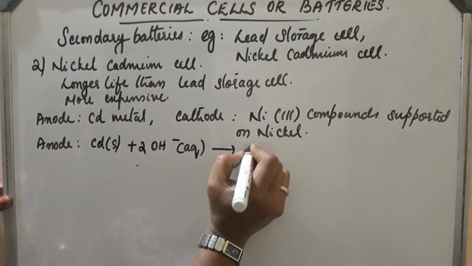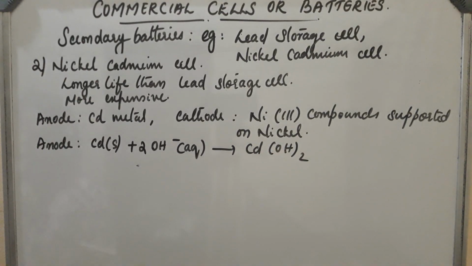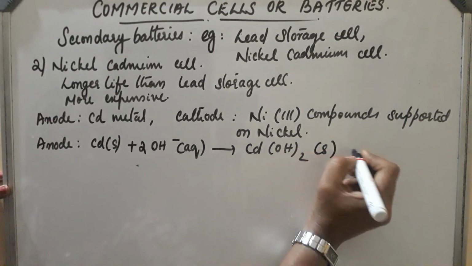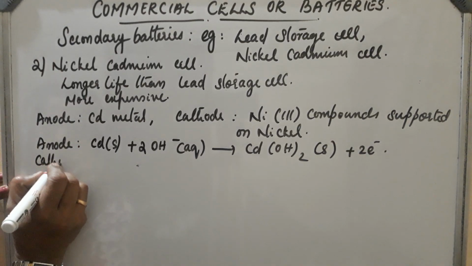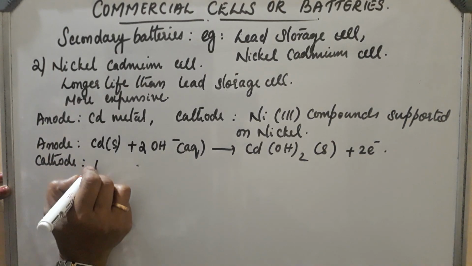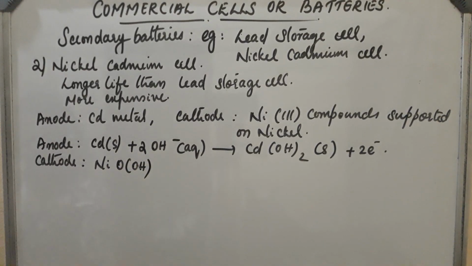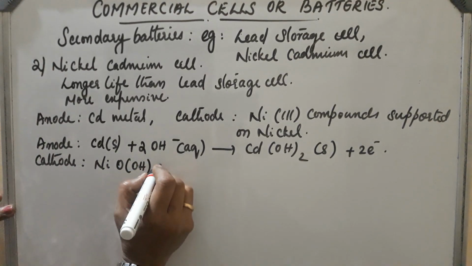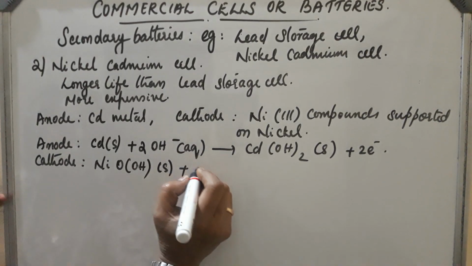It gets converted into Cd(OH)2, and 2 electrons are removed. Now, at the cathode what happens? The nickel 3 compound NiOOH, a solid compound of nickel, is present with H2O.